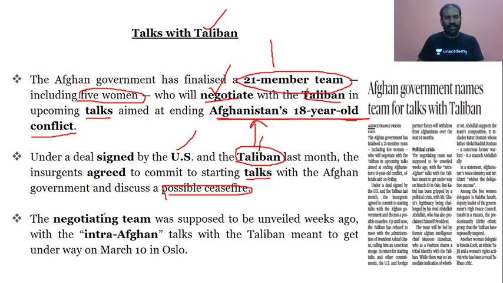So this negotiating team will go ahead with whatever negotiations with the Taliban have to take place. The talks were unveiled in the previous weeks, and they will move further, with the intra-Afghan talks with the Taliban meant to get underway on March 10th in Oslo.